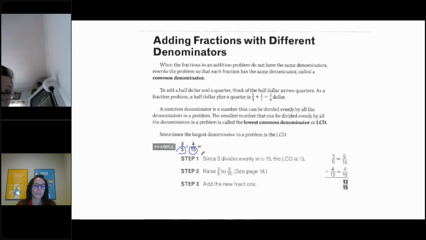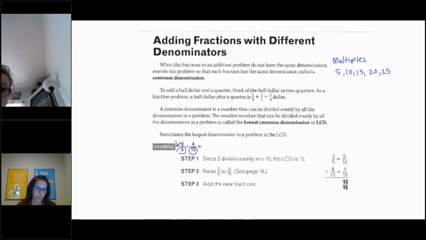The first thing you're going to do is try to figure out what 5 goes into that 15 goes into. These are called multiples. Let me write this down. So the first thing I'm going to do is write down some multiples of 5: 5, 10, 15, 20, 25. These are multiples of 5. 5 is our first denominator.